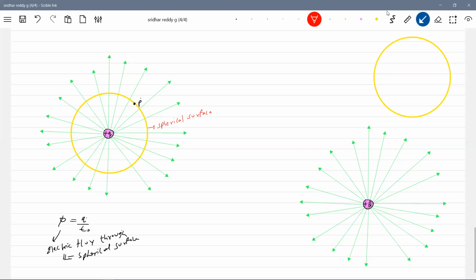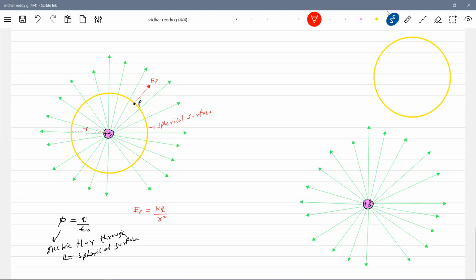It will be radially outward. Let R be the radius of this circle. So what is the electric field strength due to a point charge? KQ by R square. Do you agree?